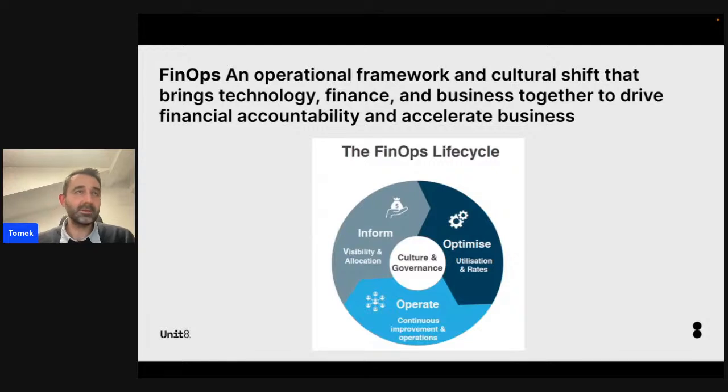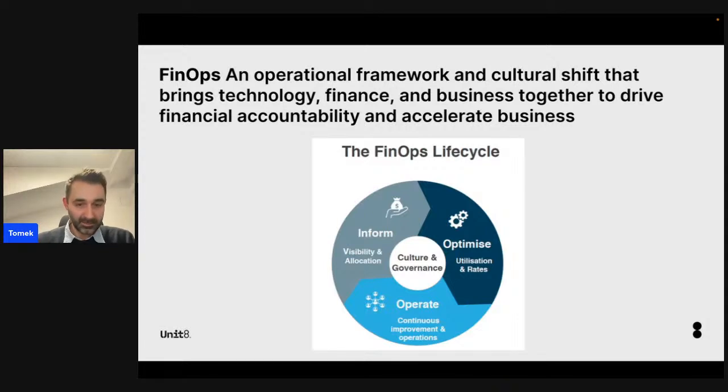So that circle that you have just seen may for some of you be quite similar to the circle of a movement called FinOps, which has been on the rise in the last couple of months. This is actually a movement and an operational framework and a culture shift that brings technology, finance, and businesses together to drive financial accountability and accelerate the business.